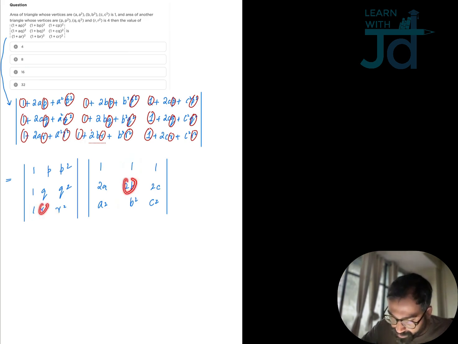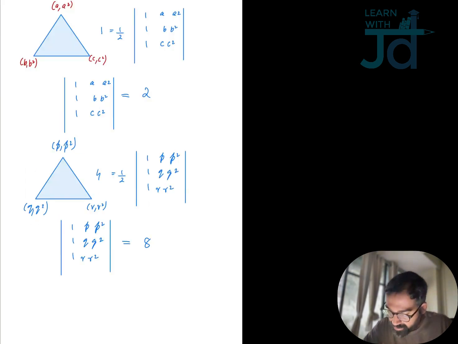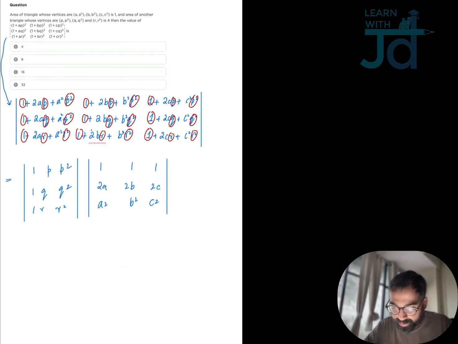Now r into 2b is 2br, r square into b square is b square r square. So see, it's perfect. Now if you see this value directly, we have it is 8. Okay, it's 8. So this is 8.